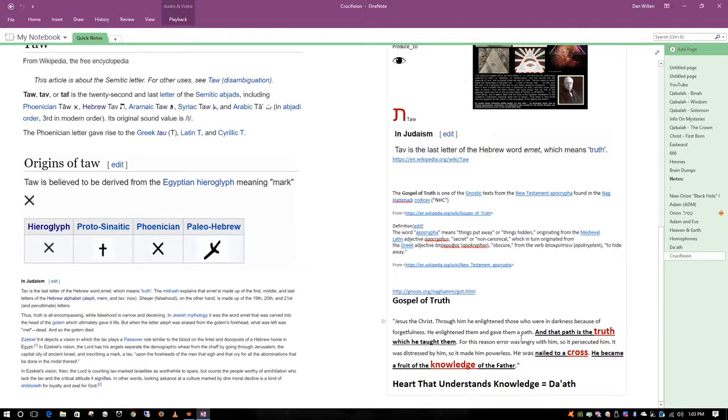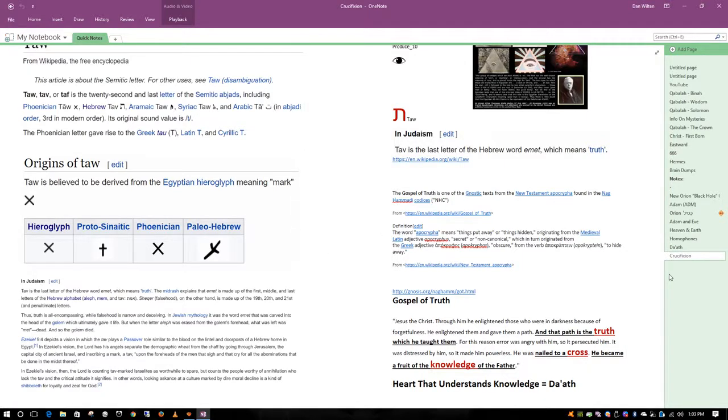He enlightened them and gave them a path, and that path is truth, which is the last letter of Da'ath. For this reason they were angry with him. It persecuted him. It was distressed by him, so it made him powerless. He was nailed to a cross, crucifixion, right? And we can see that this is the representation of crucifixion. He became the fruit of the knowledge.